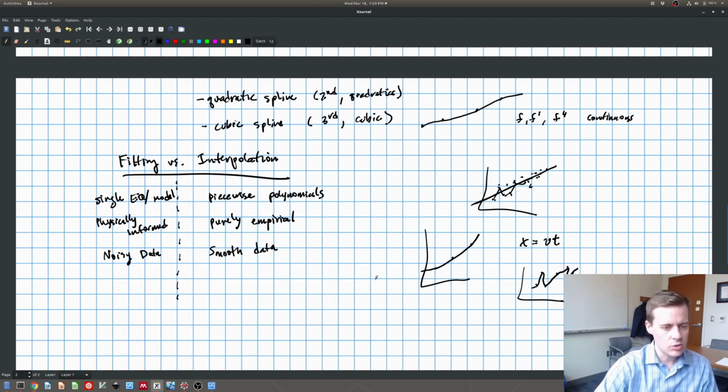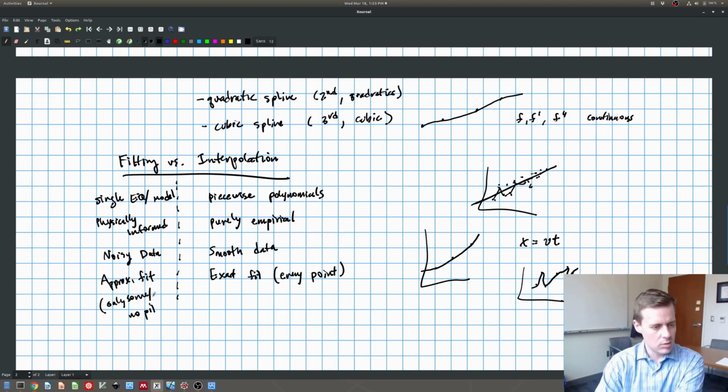So usually you want smooth data. And then this one, again, fitting is an approximate fit, whereas interpolation is an exact fit. Okay, so it goes through every point. Okay, this one doesn't go through maybe any points, only some or no points. Okay, so that's fitting versus interpolation.